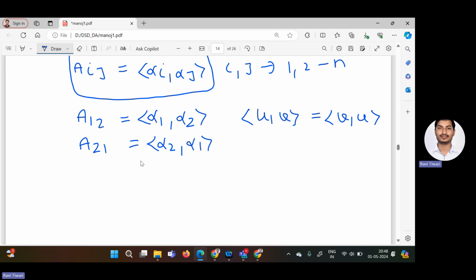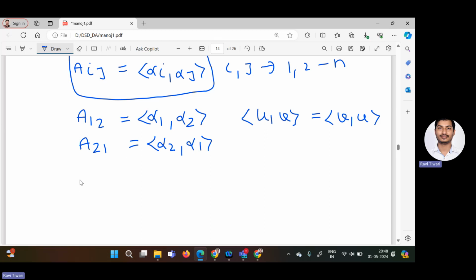No need to calculate all the entries. If you have calculated A12, no need to calculate A21. If you have calculated A32, no need to calculate A23. Like that only, because the obtained matrix is symmetric.